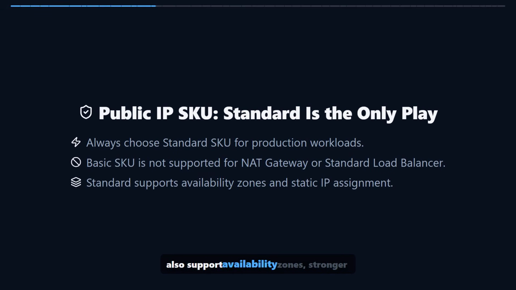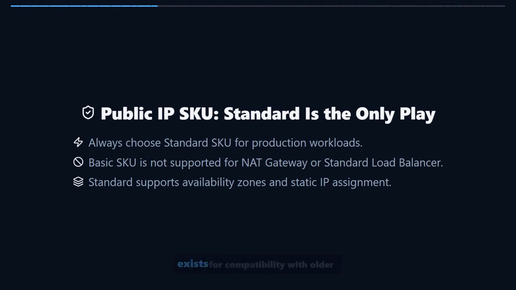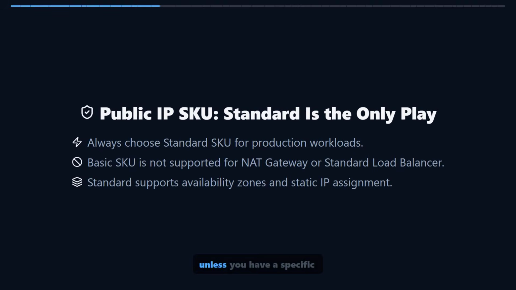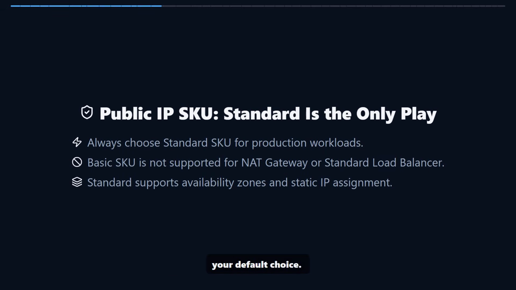They also support availability zones, stronger security defaults, and more predictable production behavior. Basic SKU still exists for compatibility with older environments, but most new Azure architectures should use Standard SKU unless you have a specific legacy requirement. When you're designing new infrastructure, Standard should be your default choice.